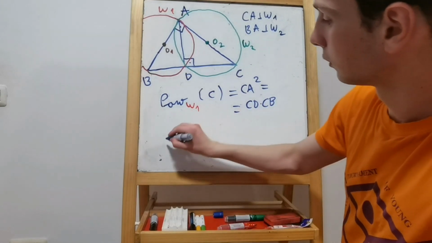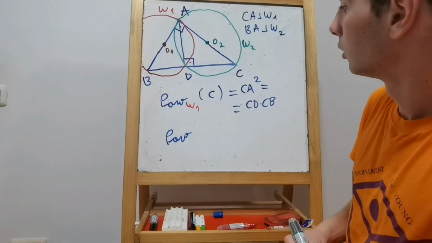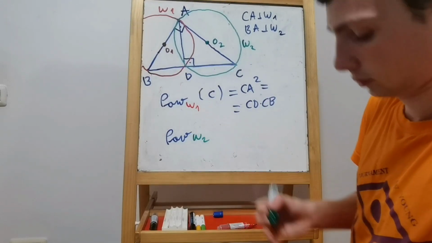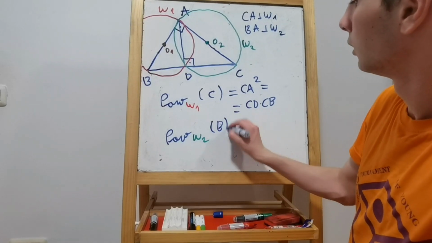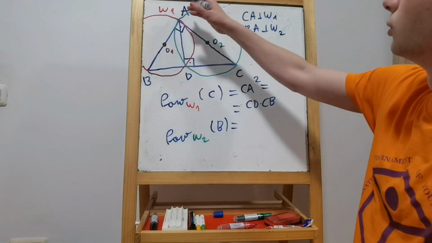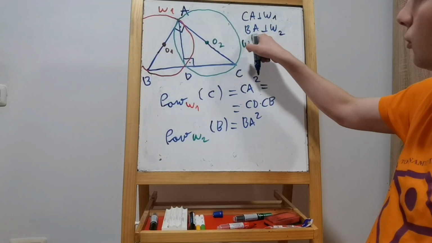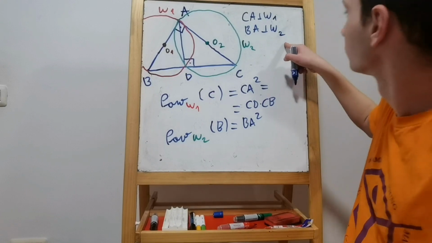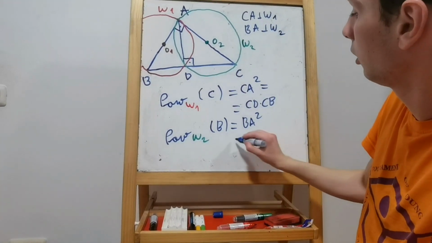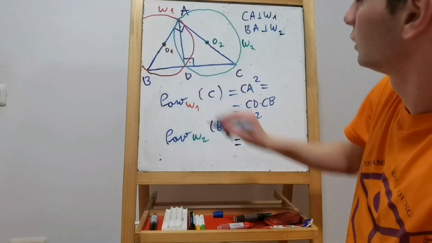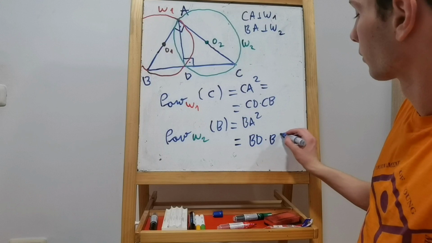And then the power with respect to omega 2 of B is equal to BA squared, since BA is perpendicular to the radius, I mean tangent, but I just use the perpendicular symbol, and then this is equal to BD times BC.